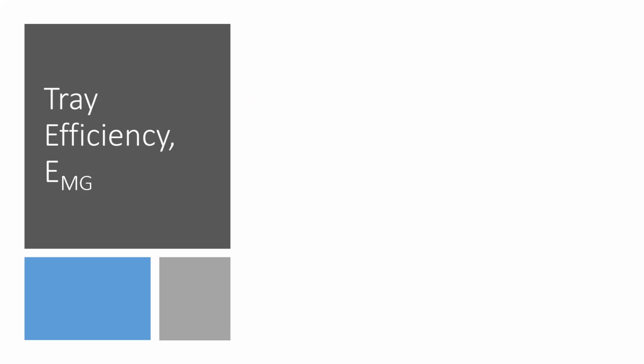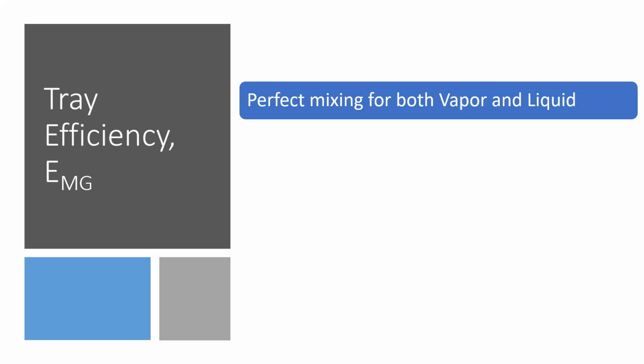Now, once we have calculated the local efficiency, as I said, we need to generalize this value of efficiency for a single tray. So we need to calculate the average efficiency across a single tray. And in here, we will have three different scenarios. The first scenario is that both the gas and the liquid streams are perfectly mixed, and therefore the composition of the liquid stream is the same everywhere, and the composition of the gas stream is the same everywhere.